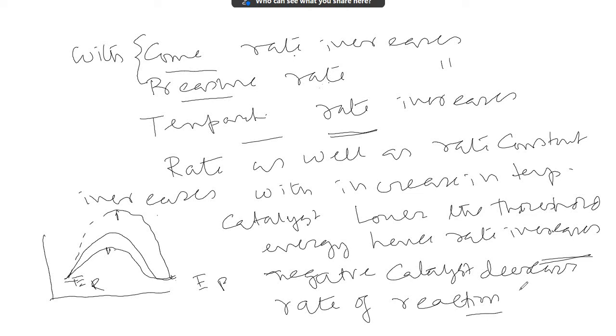See, the negative catalyst is this part, I have shown in the graph. It raises the activation energy, so makes the reaction slower. And this is for the positive catalyst. It lowers the activation energy and makes the reaction faster. More molecules can pass the barrier, but the catalyst itself cannot change the energy of the reactant and product.